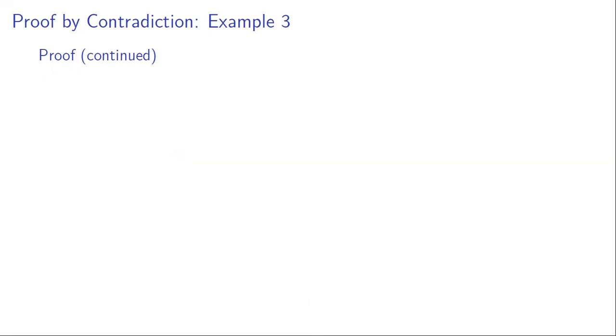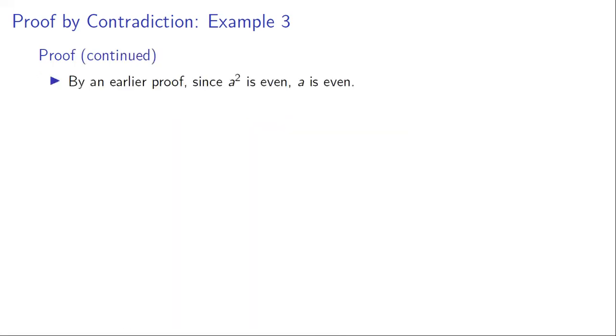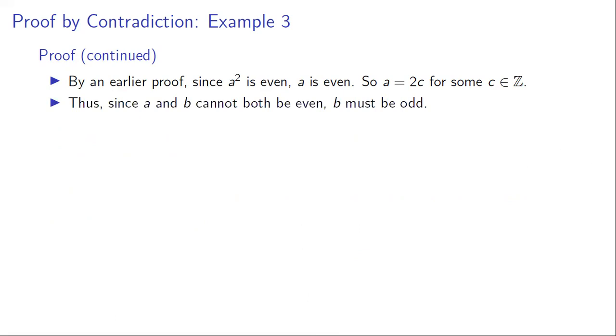Well, we said just before that it's not possible that both a and b are even. So first of all, a is equal to 2 times c for some integer c. But also, since a and b cannot both be even, b must be odd.